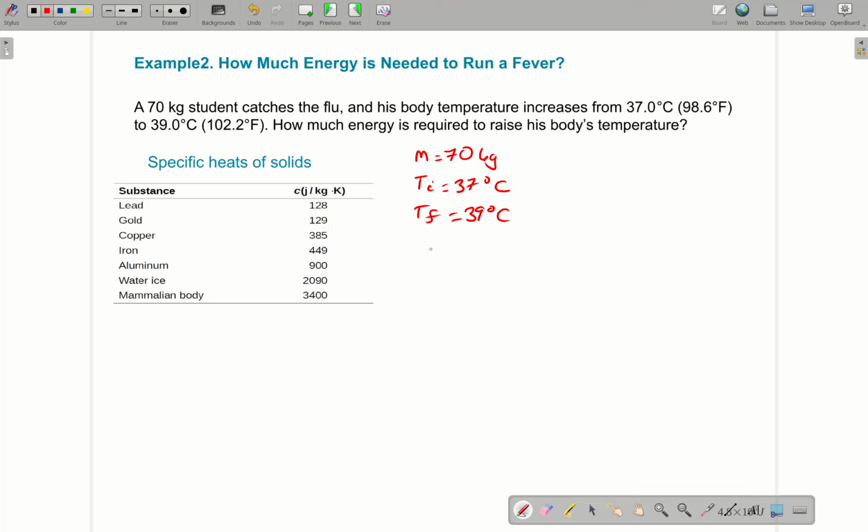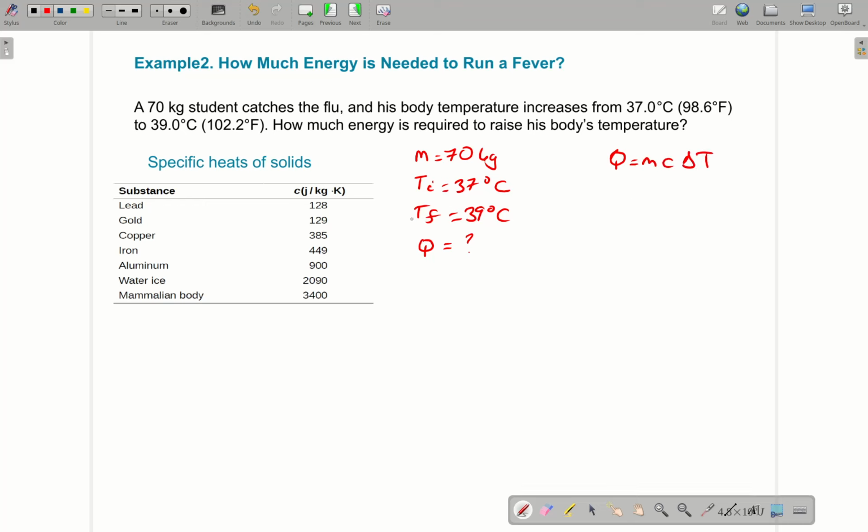How much energy is required? Energy here is heat energy. In the context of heat, when we are asked how much energy is required, we talk about heat. Heat is a form of energy. This is a simple plug and chug question, calculating heat using MC delta T.